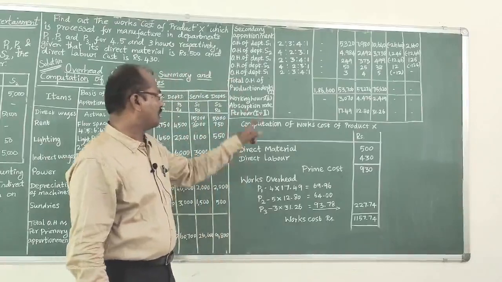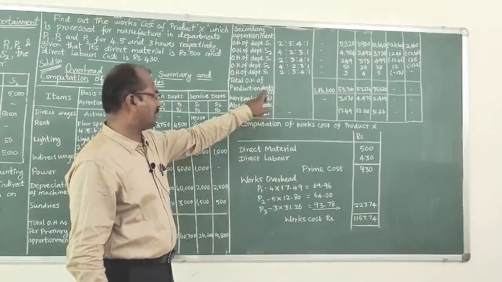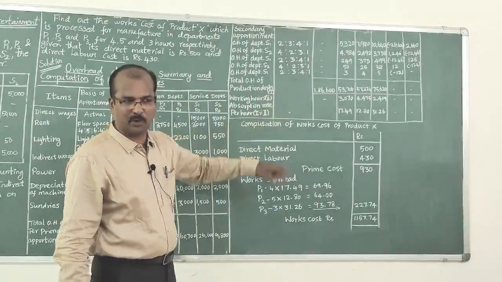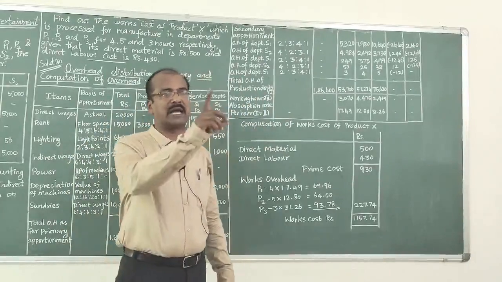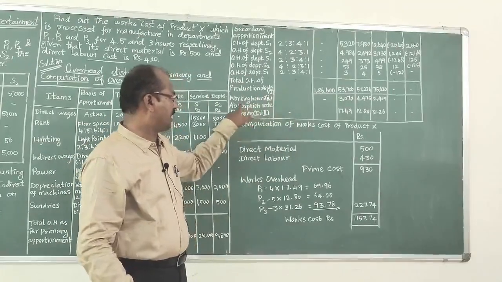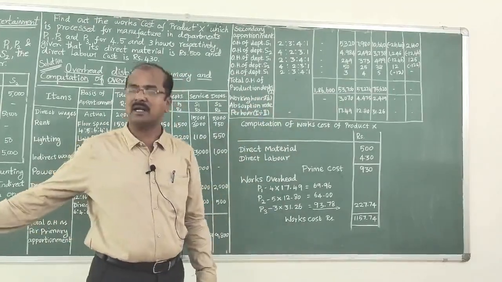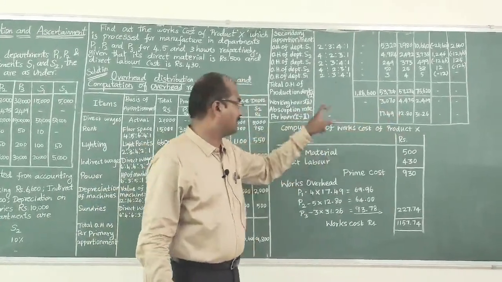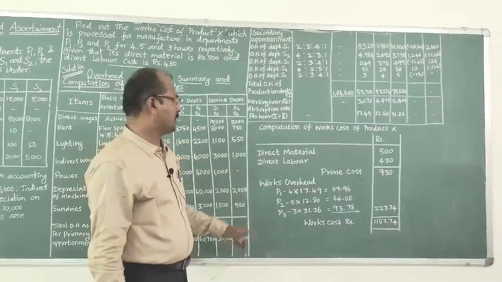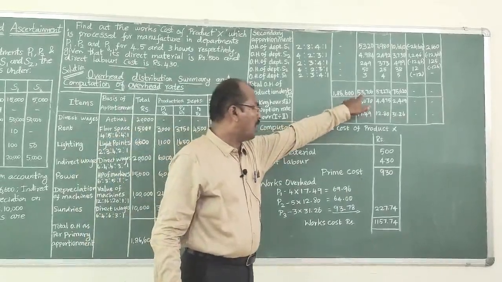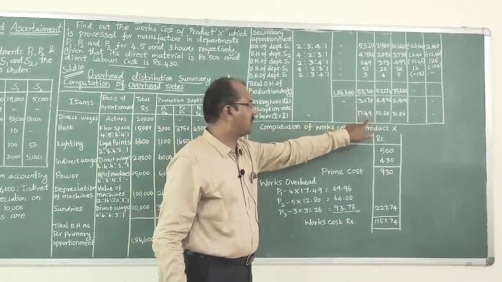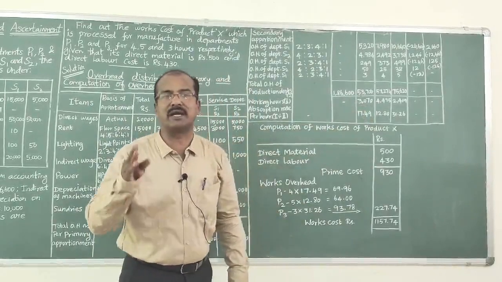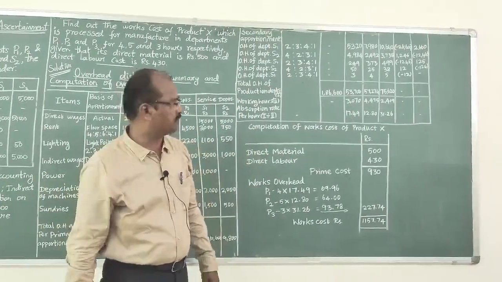Now the total overhead in this stage for the production departments is named Character 1. Then the working hours that are given in the problem, we have written them as they are. That's given as Character 2. Now overhead divided by working hours will give us the overhead rate for each department.